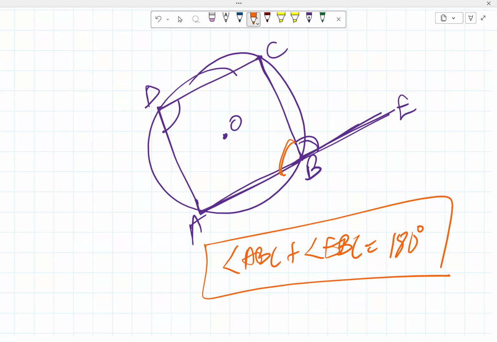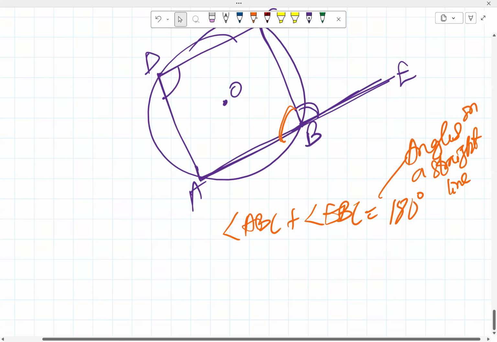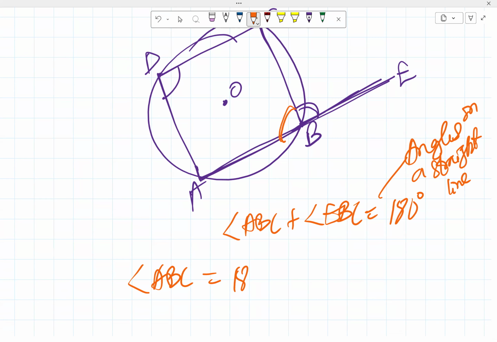And the reason is that they are angles on a straight line. That's your reason. So it simply means that angle ABC is equal to 180 degrees minus angle EBC.